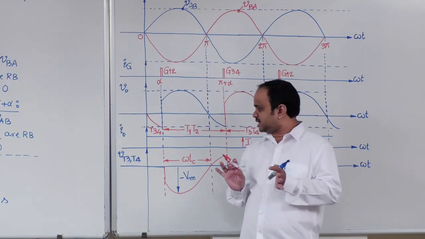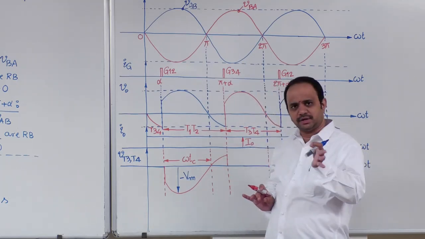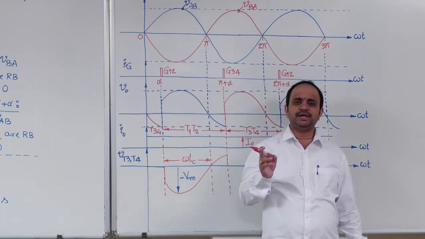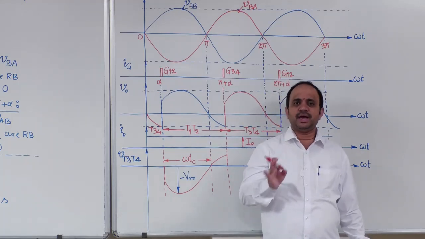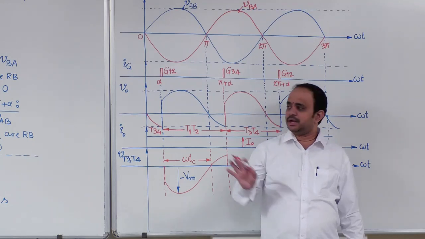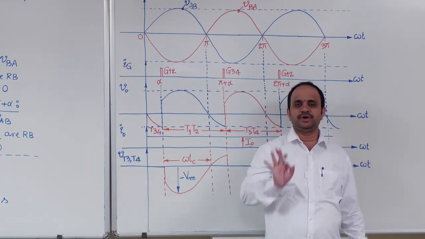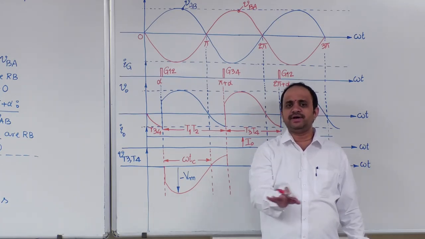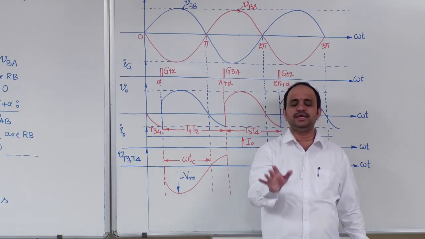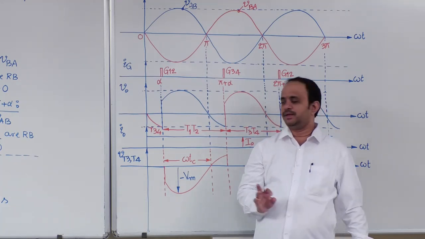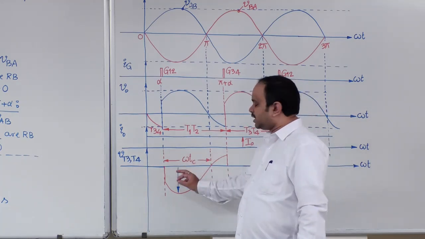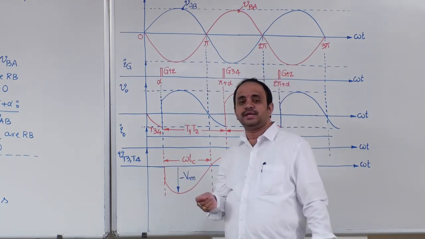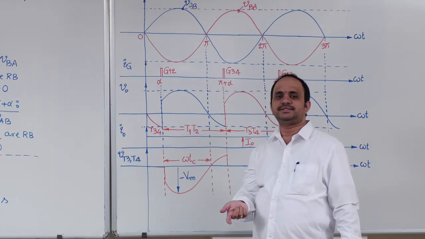Now with this I can have one important conclusion. Follow carefully. Earlier in the midpoint converter we have two thyristors. Now in the bridge converter there are four devices. Whether it is 2 or 4 devices, as all the devices are working uniformly in that particular circuit, whatever circuit turn off time and PIV rating you are getting, those are applicable for the remaining devices also.